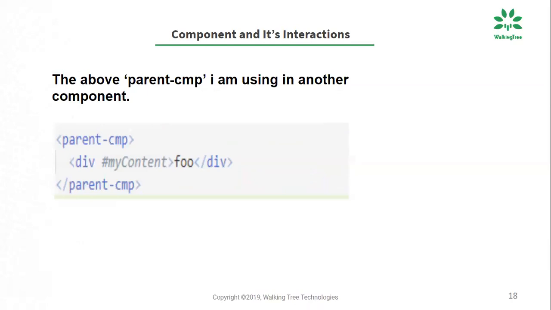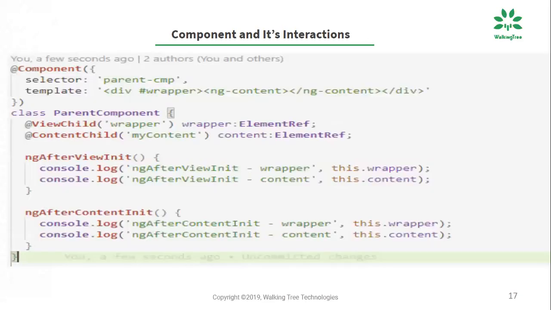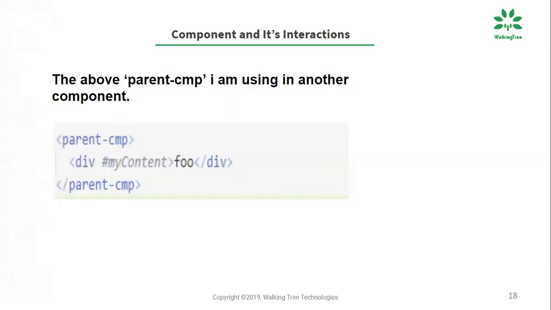Inside the parent component I have given a div, which means it is content, and I have given a reference to it. Here in the line, the at-the-rate ContentChild, you can see that my content is the reference name that I have given here.